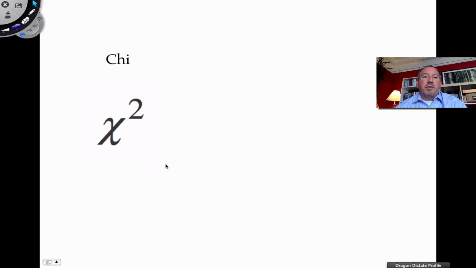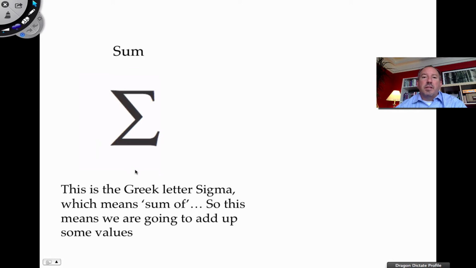First off, this slanty-looking x squared is chi. That's what we're trying to solve. This symbol right here that sort of looks like a staple remover is the Greek letter sigma, which literally means the sum of something, so we're going to be adding up some values.